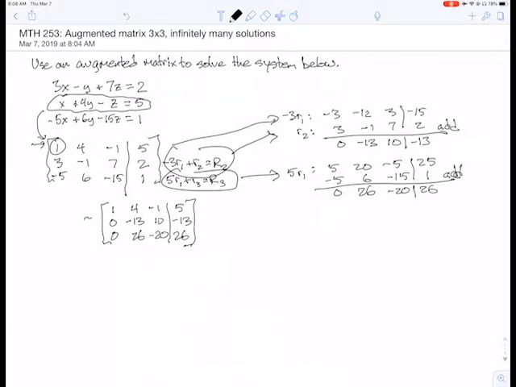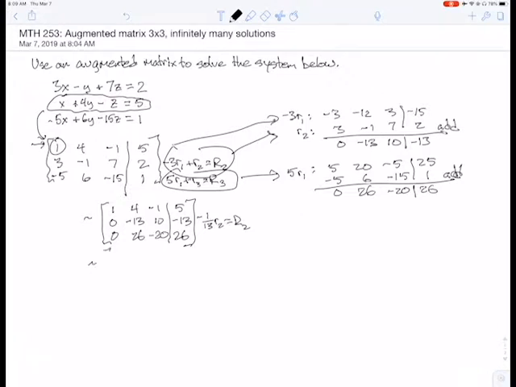Now I'm in a position where I want to pivot in this position, and I'd like that to be the number 1. That's a negative 13. That's not 1, and I cannot easily get a 1 just by swapping rows. So I'm going to need to take negative 1/13 times row 2, with a heavy sigh, because it means we are now going to enter fraction land, and we can't really avoid it.